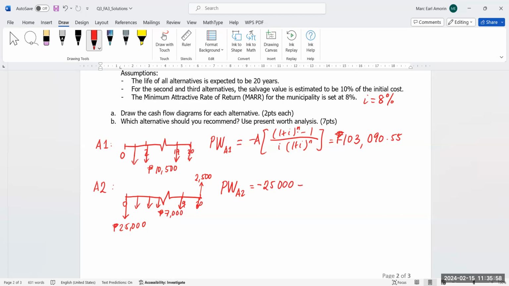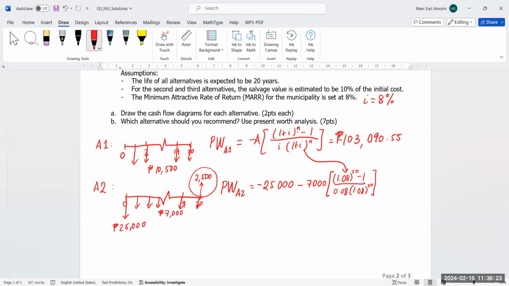Okay, so that's negative 7,000. Then we use this formula again: 1.08 raised to 20 minus 1, times 0.08 times 1.08 raised to 20. Okay? And then what else? So this 2,500 salvage value is a future value.